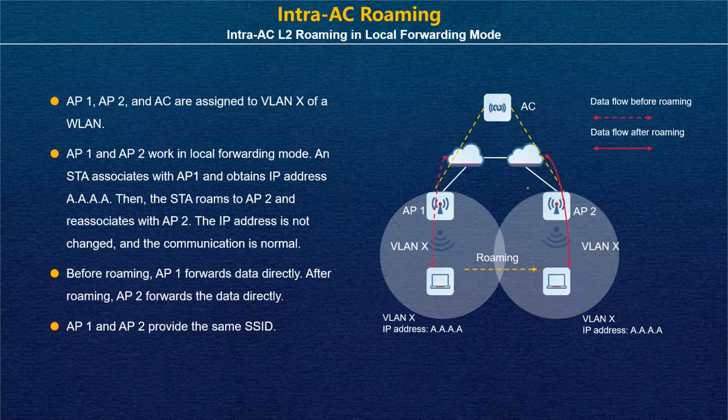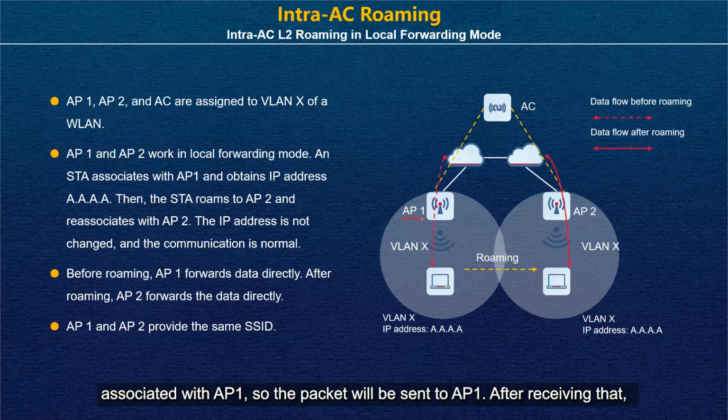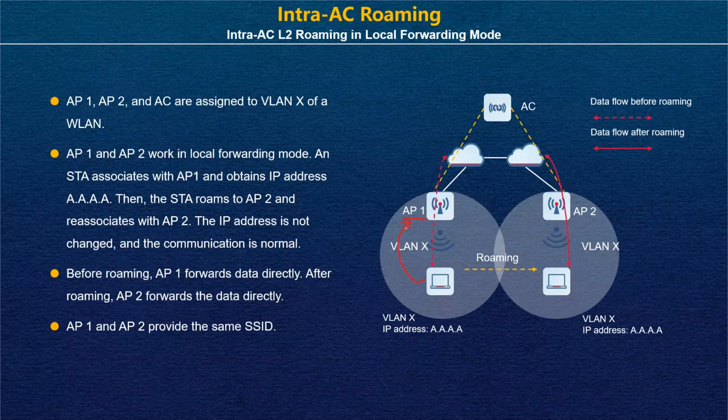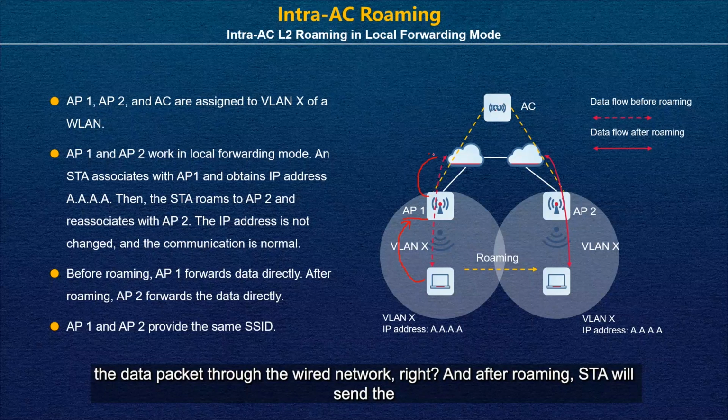The AP and AC establish the CAPWAP tunnel, and before roaming, the STA is associated with AP1. The packet will be sent to AP1. After receiving it, since it's local forwarding mode, AP1 will check the local forwarding entries and send the data packet to the wired network.